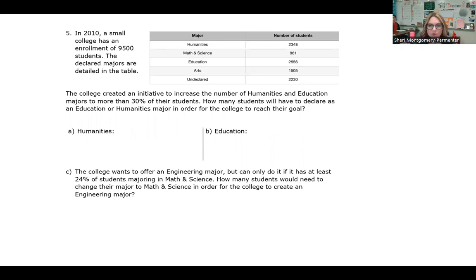How many students will have to declare as education or humanities in order for the college to reach their goal? So we need to know how many total students there are. So to figure out what 30% is, we need to know how many students are there total. So we have to figure that out first.